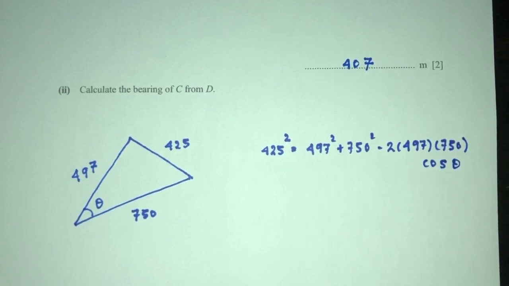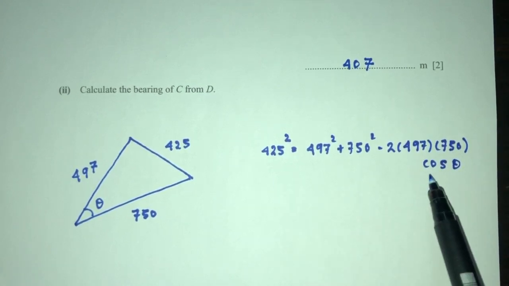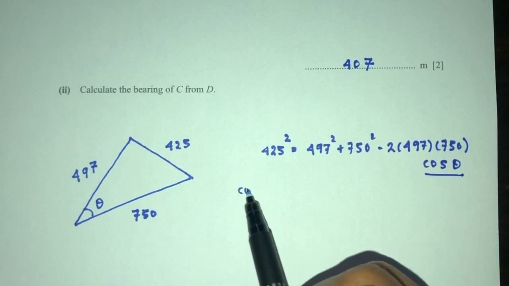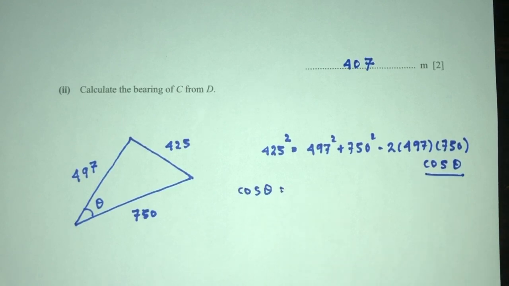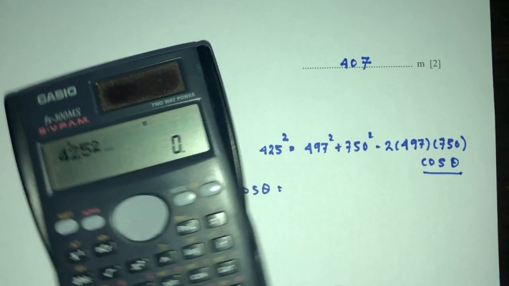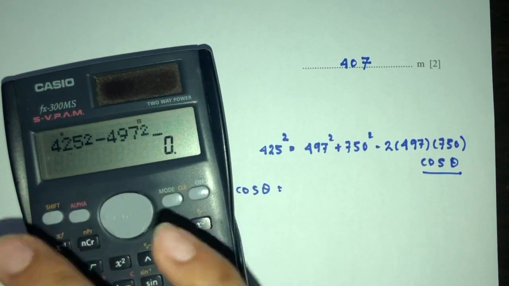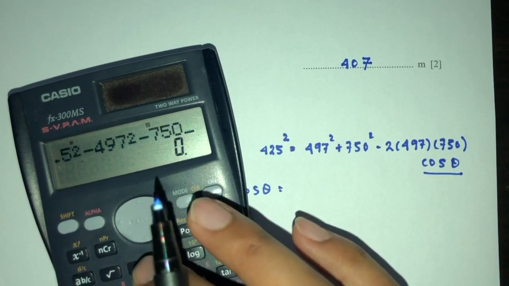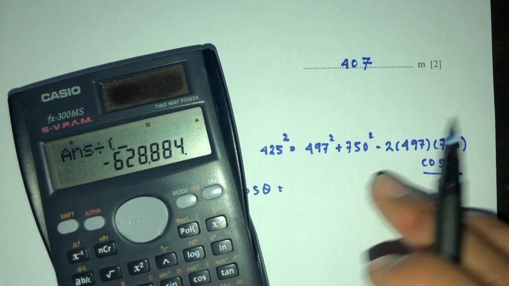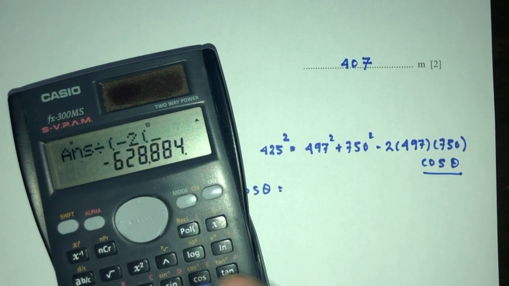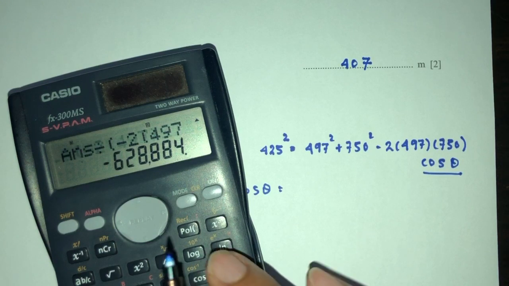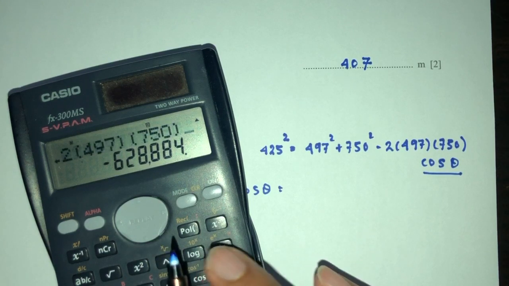You have to know how to use this. Now we have to simplify and solve for the value of cos theta. So cos theta will be what? We have to evaluate 425 squared minus 497 squared minus 750 squared, divided by minus 2 times 497 times 750.